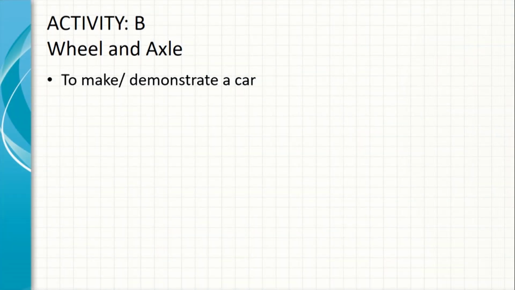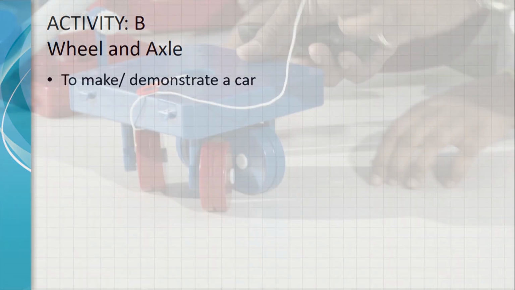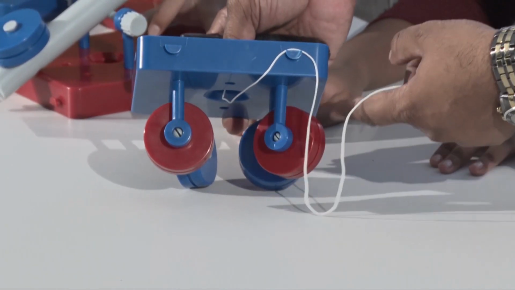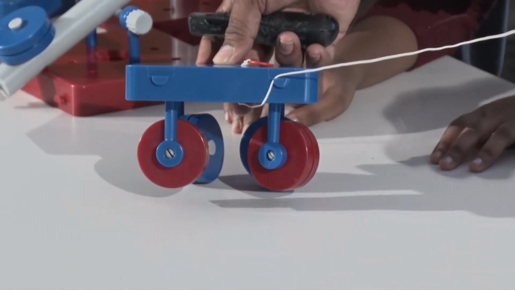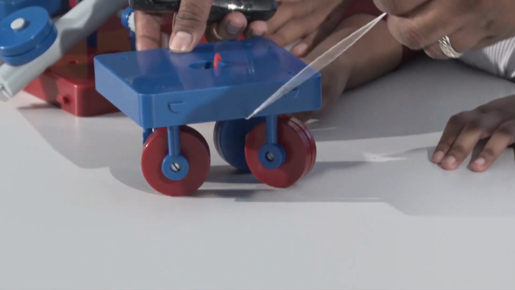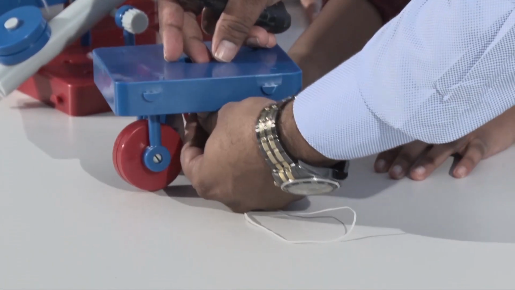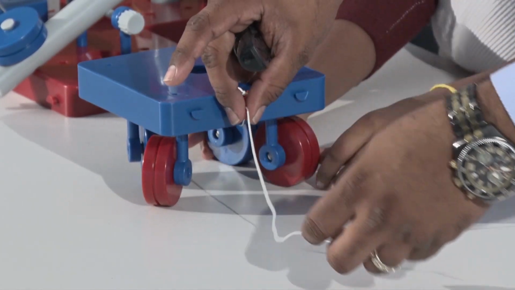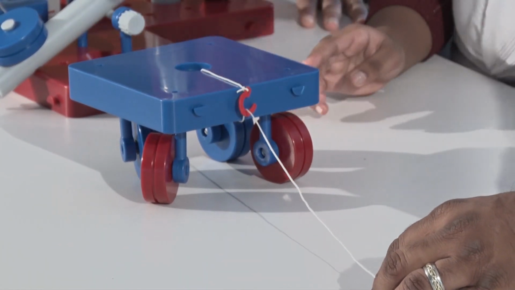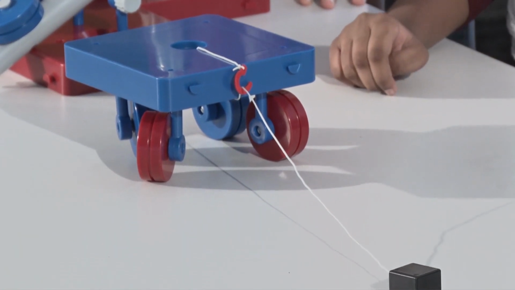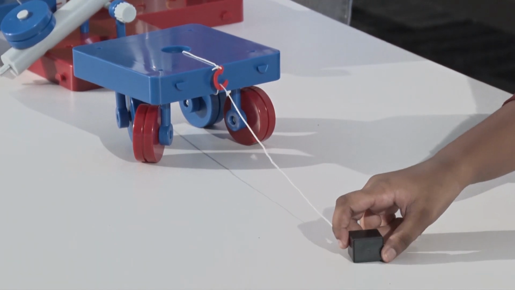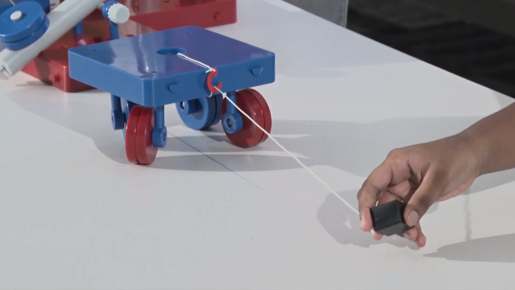So now we have the same block, but we added wheels and an axle to the same block. So what we would do now is to pull the same block and see if by adding wheels and axles, the job becomes easier or not. So let's go.